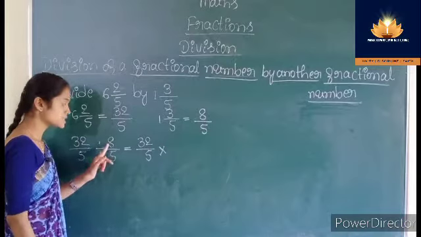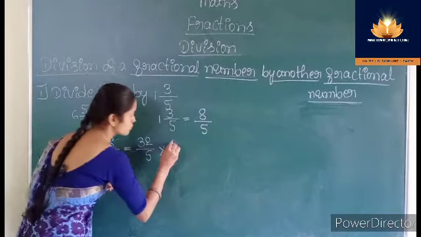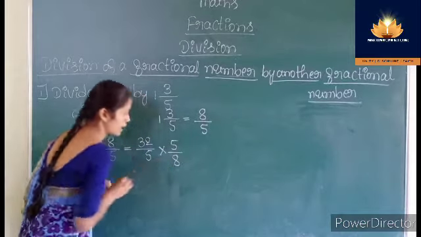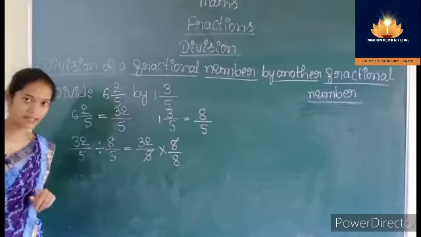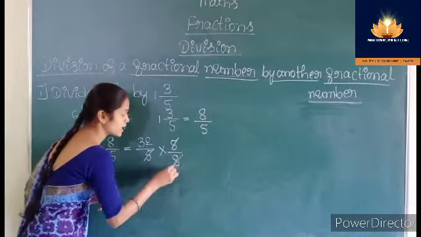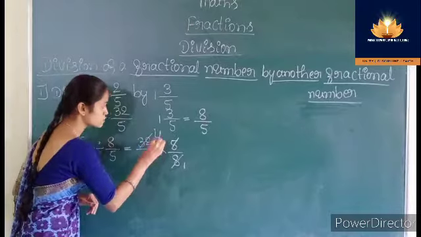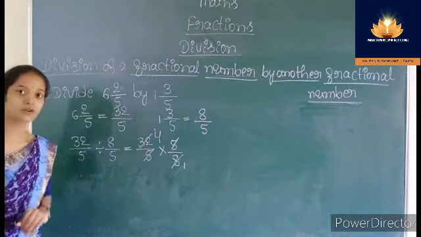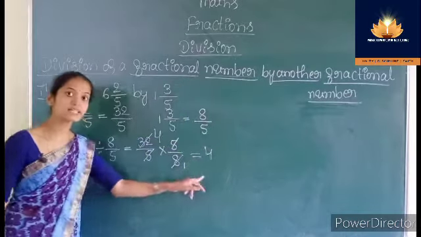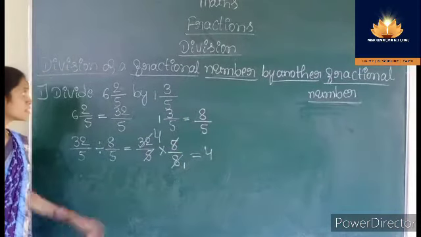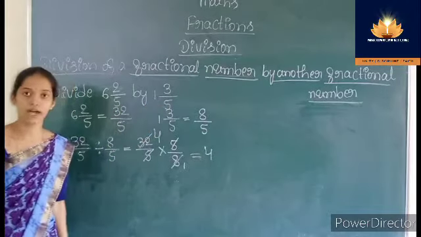Then the reciprocal of 8 upon 5, that is 5 upon 8. Okay. 5 gets cancelled. 8 ones are 8, 8 fours are 32. So we are left with 4. We get 4 when we divide 6 2 upon 5 by 1 3 upon 5.